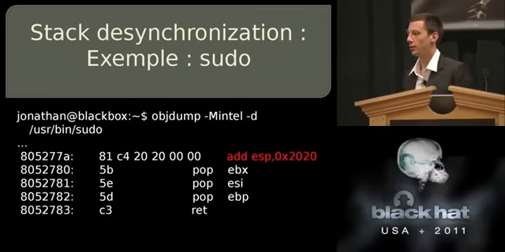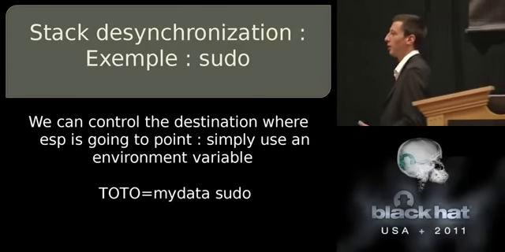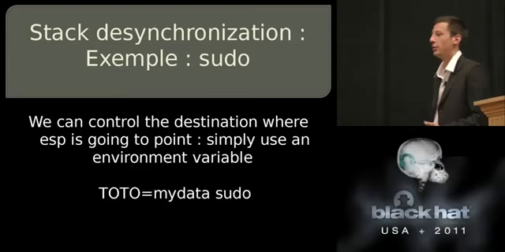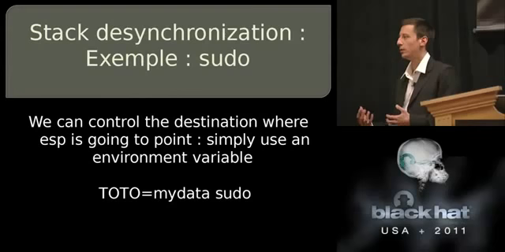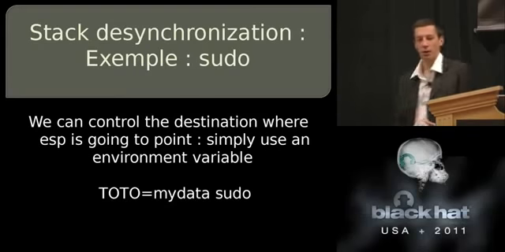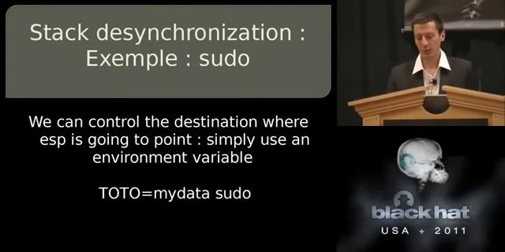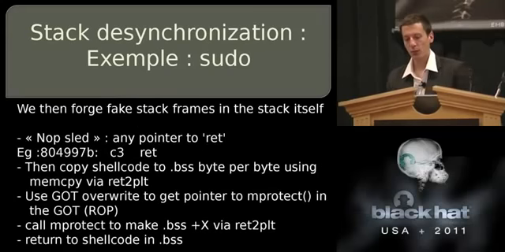So what do you find after the normal stack? You find, for instance, environment variables. So if we put our own environment variable with a fake stack frame, when ESP is incremented by returning to a prologue which switches ESP by a lot, we can create our own stack frames inside our environment variable after the stack.